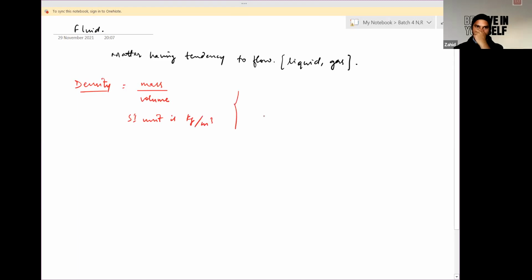And you have to remember for water, it will be 1000 kg per meter cube. In terms of gram, it will be 1 gram per centimeter cube. So just remember this particular relation to convert gram into kg or unit of this term into this one.